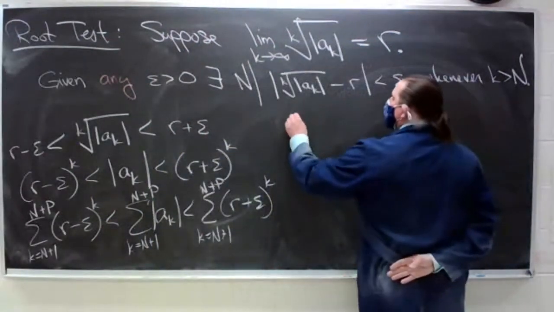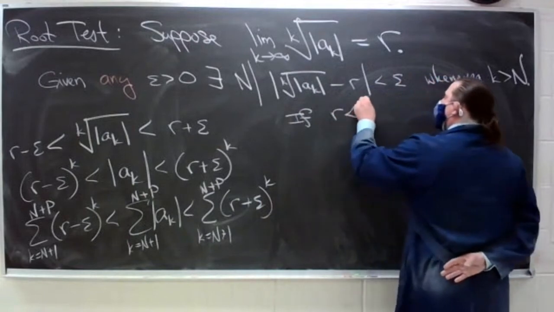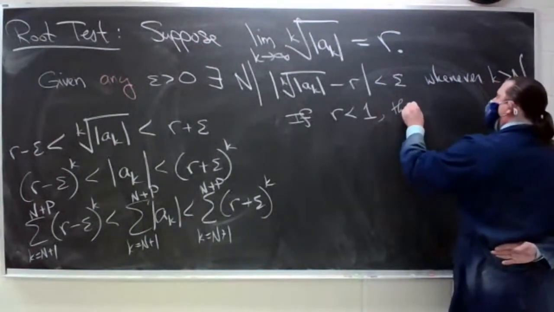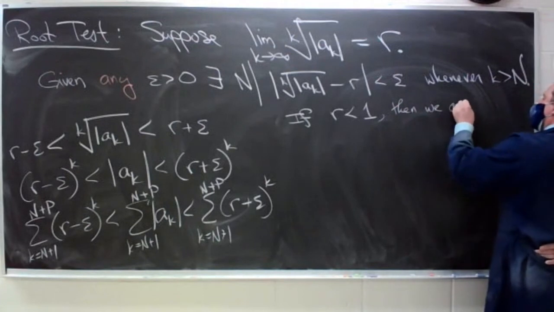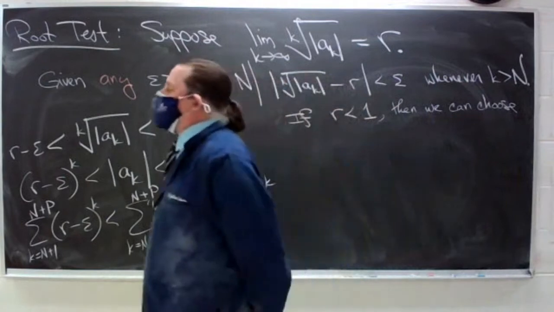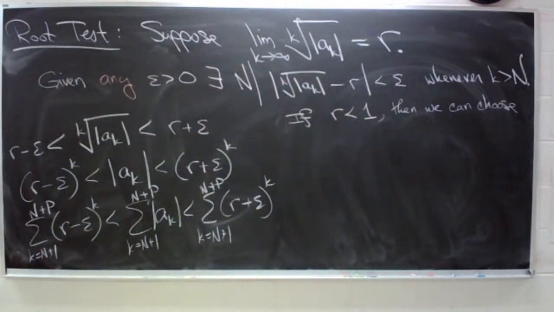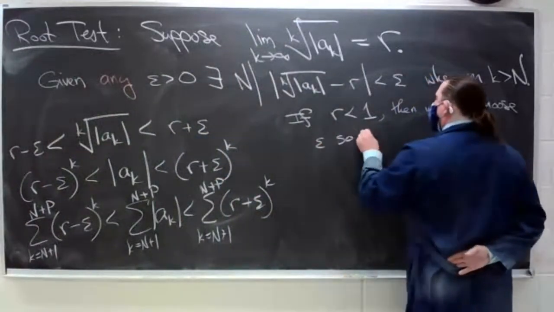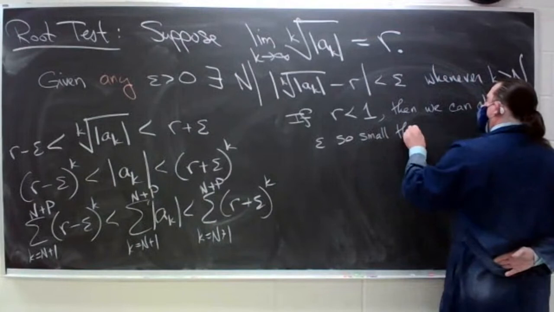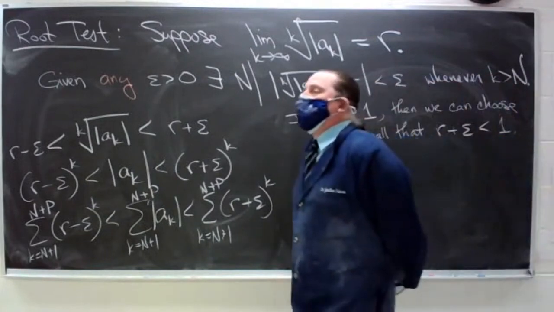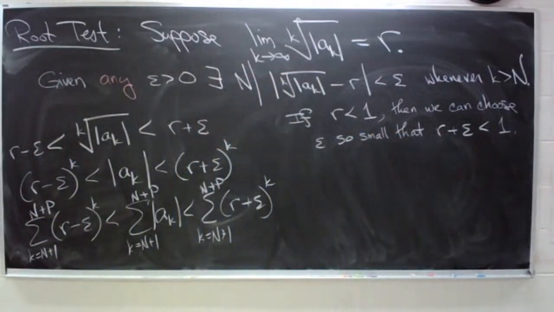Now, if r is less than 1, then we can choose epsilon so small that r plus epsilon is still less than 1.